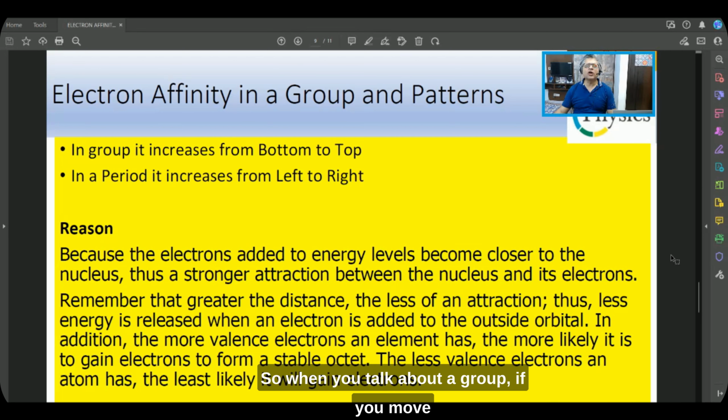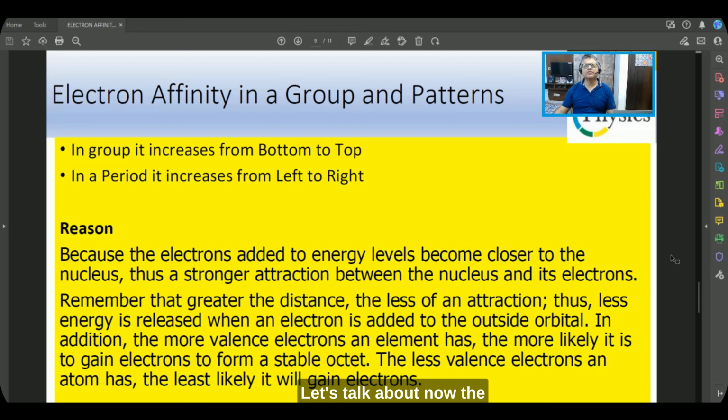So in a group, if you move from the bottom to the top, you will find that the attraction to accept the electron is more. At the bottom of the group, there is comparatively a resistance to accept the electron, but at the top of the group, the electron acceptance is very high.